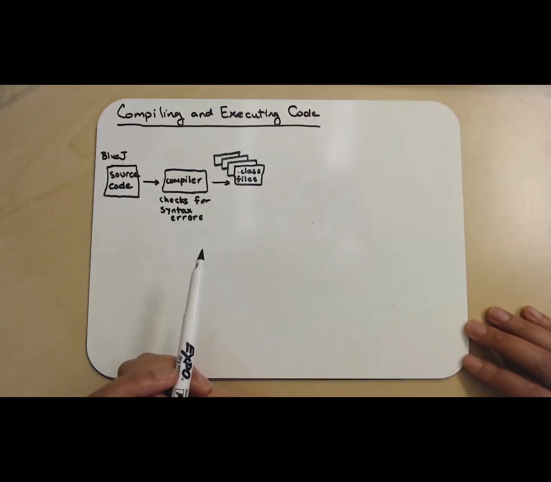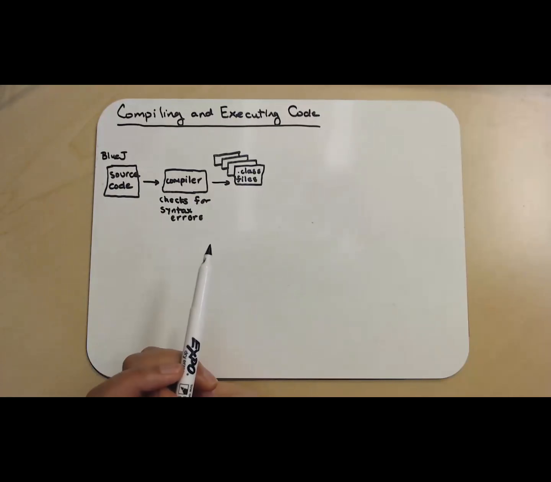A perfect example of that is system.out.println. We're using that code, we're calling the println method. Somewhere on your computer, there's a folder called Java. Inside is a subfolder called lang for language. Inside is a file called system.java, and inside of that class, there's a method called println.